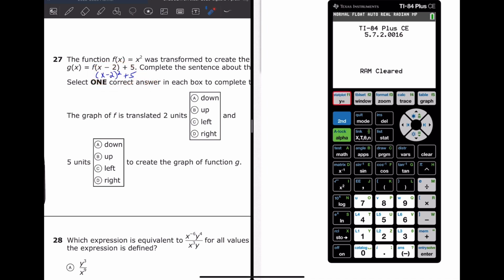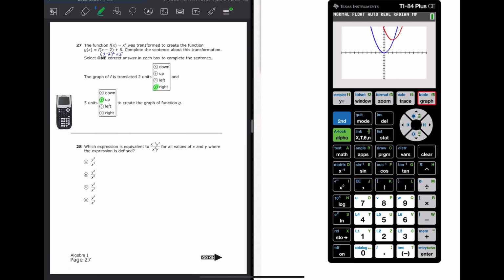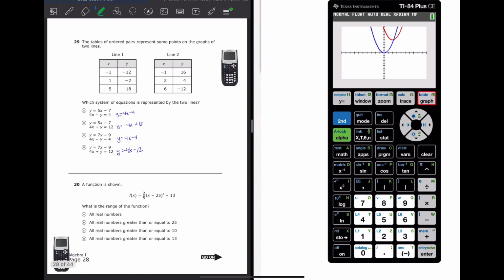Y2, how it translated. Check the graph, compare. The blue one is the parent, x squared, and the red is how it translated. You can tell that it moved. Go ahead and select your choices.